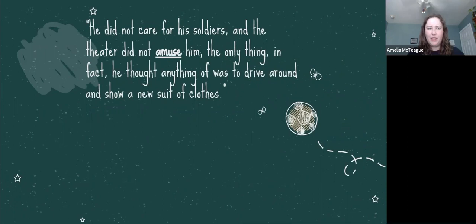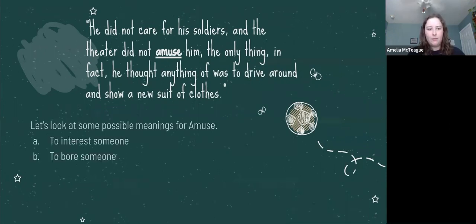Well, I can tell that he wants to show off those new fancy clothes, but I think I need to look at the answer choices before I make my decision. Some possible meanings for the word amuse are to interest someone or to bore someone. Now, it does say the word not in front of amuse, so we're going to be thinking of the opposite of that word.